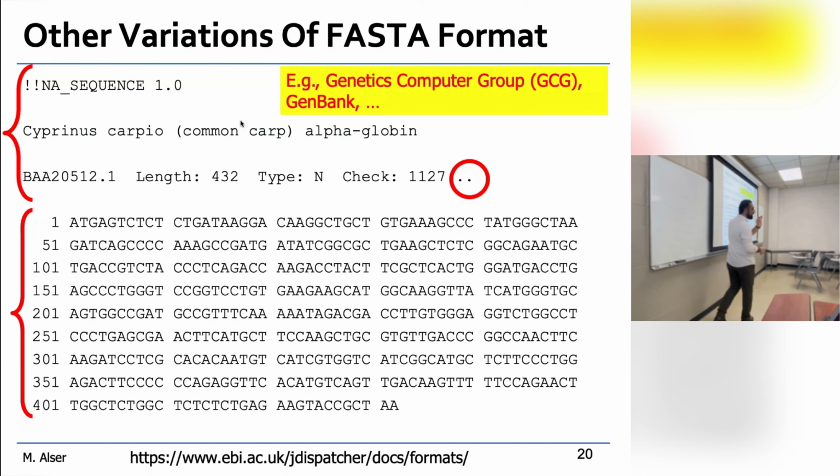Once you see the two dots, it means the first portion of the information is finished. Okay? And the second portion of the data is the genomic sequence. However, it's organized in groups of 10 characters. So every 10 characters, we have a space or tab to divide them.